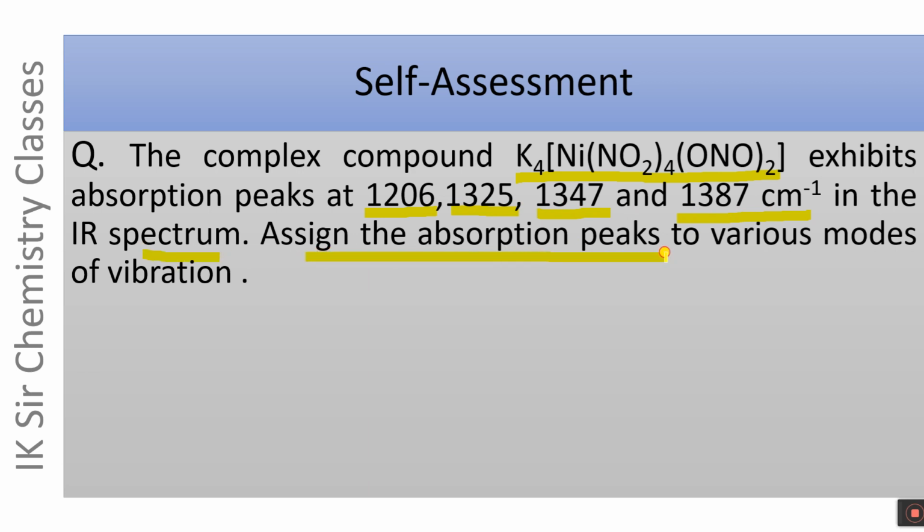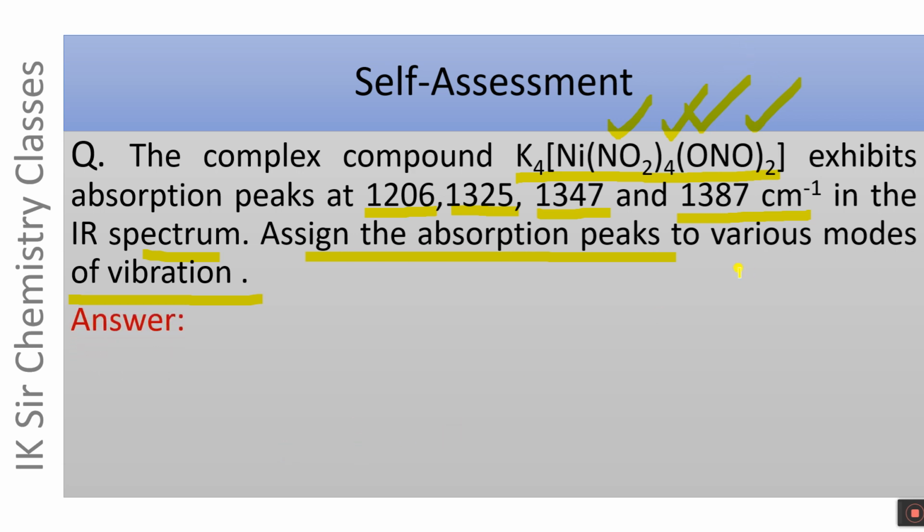Assign the absorption peaks to various modes of vibration. We have to assign these absorption peaks to various modes of vibrations. It must be noted that it is a nitro complex as well as nitrito complex, and absorption bands due to both are obtained.